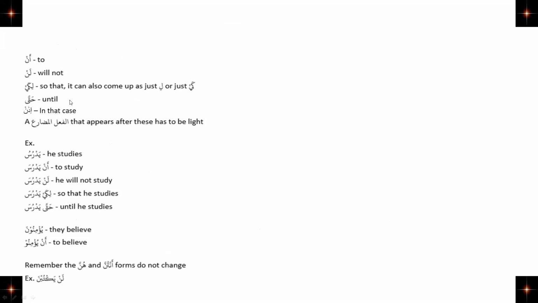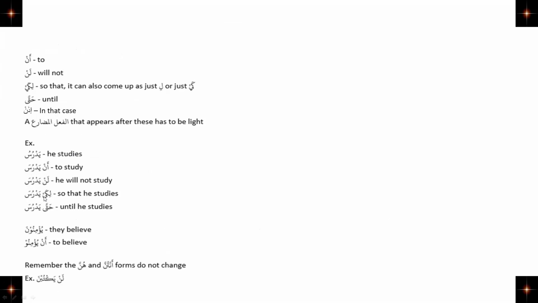Then here finally we say an, lan, li, kay, hatta and idhan. These are the harfs of what? Fi'l mudari. All these make the fi'l mudari appear light. Adawat nasb al-fi'l al-mudari. They make the fi'l mudari light. It makes it fatha. Example, yadrusu becomes yadrusa. An yadrusa. Lan yadrusa. Likay yadrusa. Hatta yadrusa.